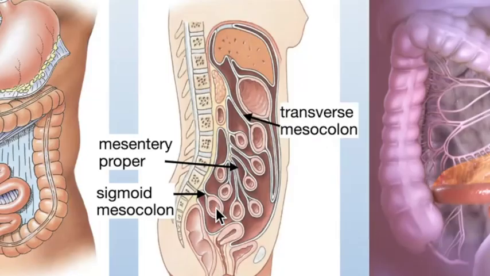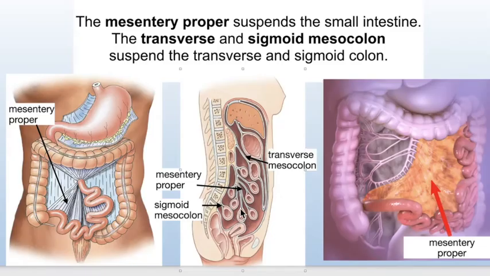And then there's the sigmoid colon. I'll just have to take their word for that because I couldn't have told it apart from the small intestines necessarily, although it has a different mesentery coming off the wall. So I guess that should have been my clue. And now it can be yours.